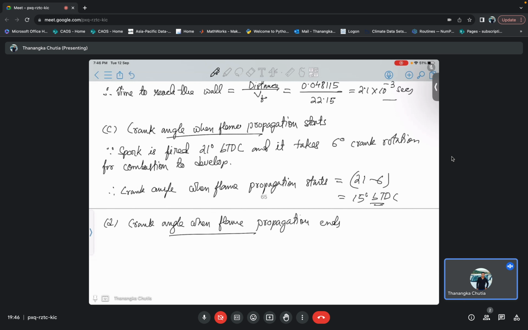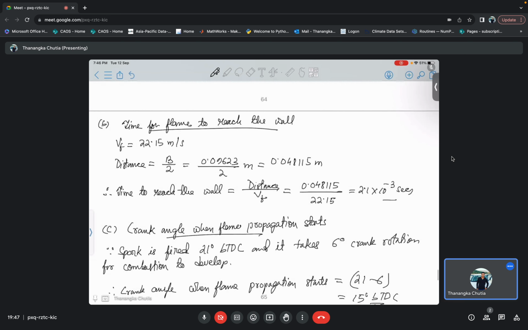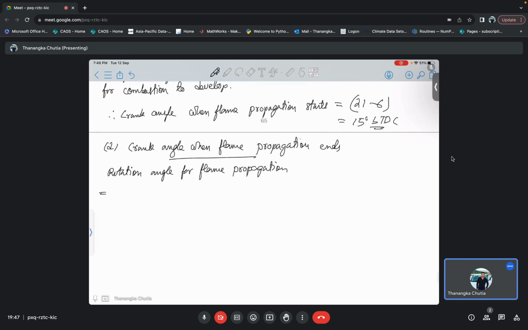Now rotation angle for flame propagation. So we know the flame propagation duration, that is 2.1 into 10 to the power minus 3. Okay, so 2500 divided by 60 revolutions per seconds.